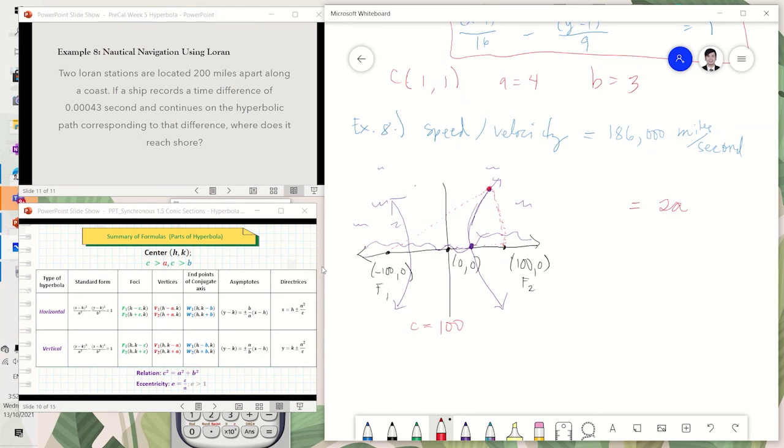That 2a is equal to the distance that we will be able to get from the given time and velocity. So we'll figure out first the distance from the ship going to, let's say, the first station.